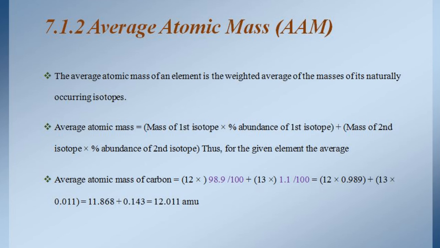Taking the carbon atom here as an example: carbon 12 into 98.9 percent, so 98.9 divided by 100, plus 13 into 1.1 percent, so 1.1 divided by 100. Now calculating this, we get the value 12.011. Its unit is atomic mass unit, AMU. This is the formula to calculate average atomic mass.